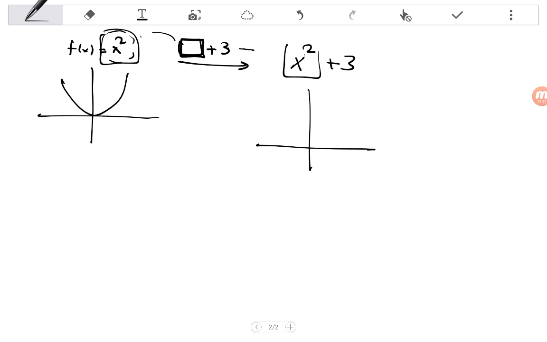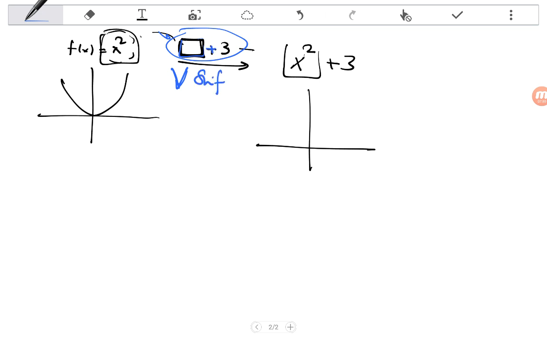Now I want to graph this. How would I graph it? Whenever I make an operation on that box, the whole function, or the y, it is a vertical operation. That box represents the y. It is plus, so it is a shift.